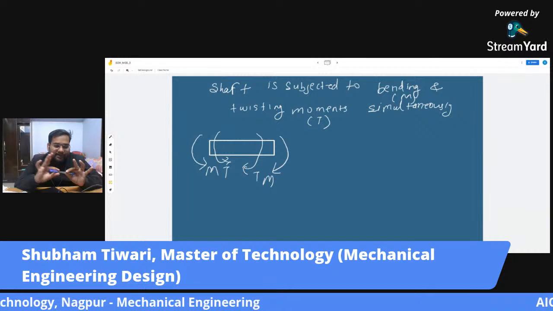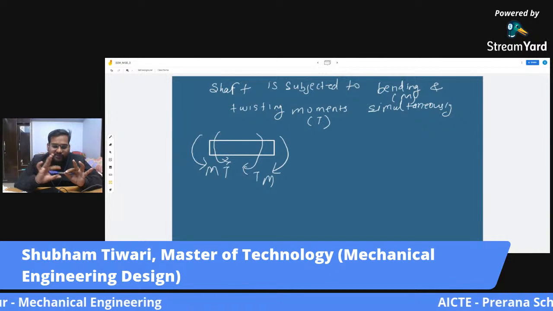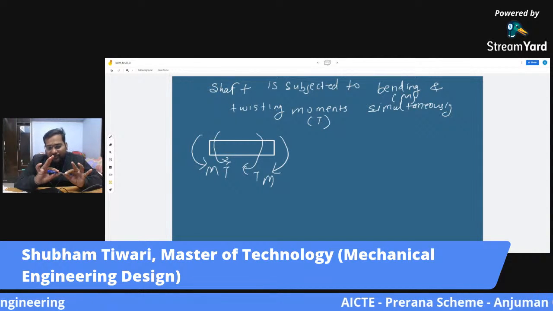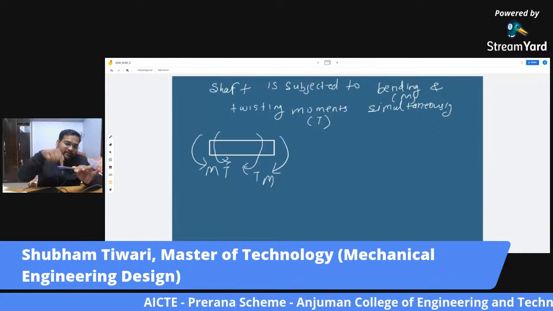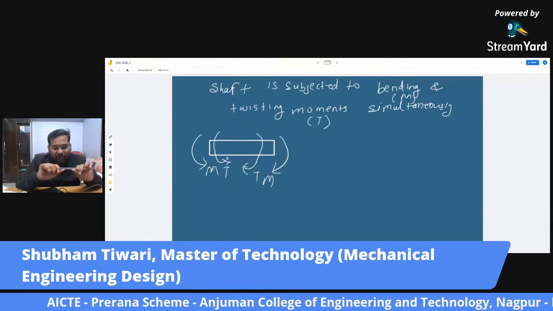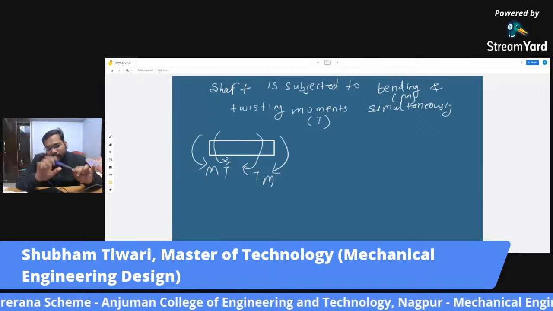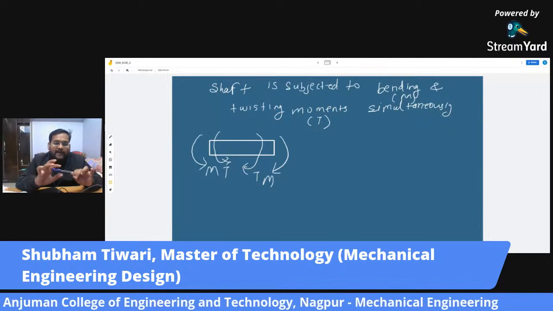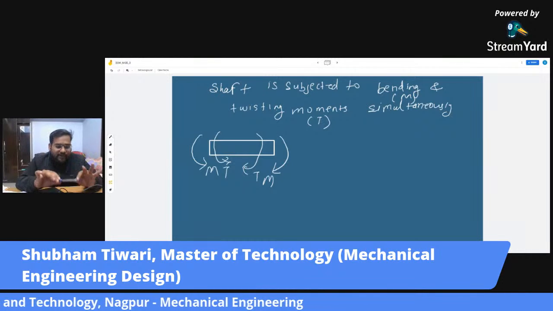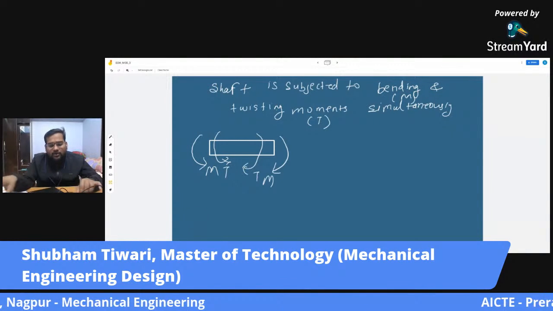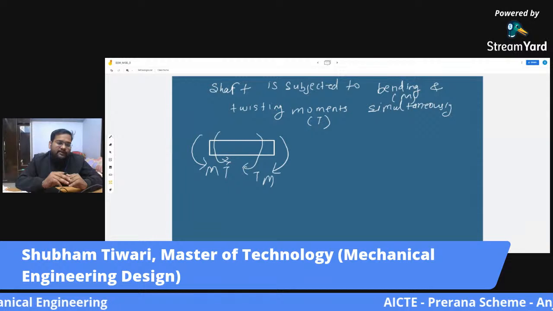Now, if there are mountings on this shaft, such as a flywheel or coupling, then the weight of that mounting will cause a bending moment on this shaft. So we have to design it for both bending moment as well as twisting moment. So how can we design it?